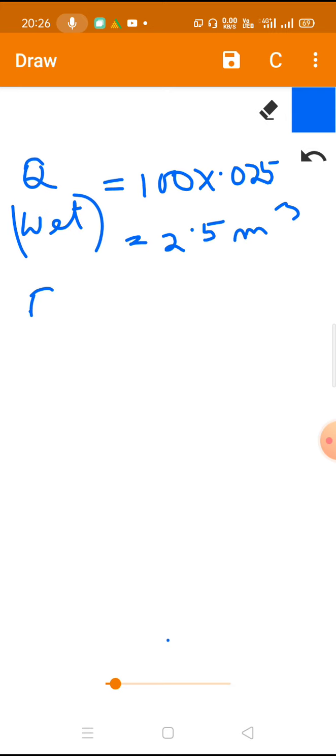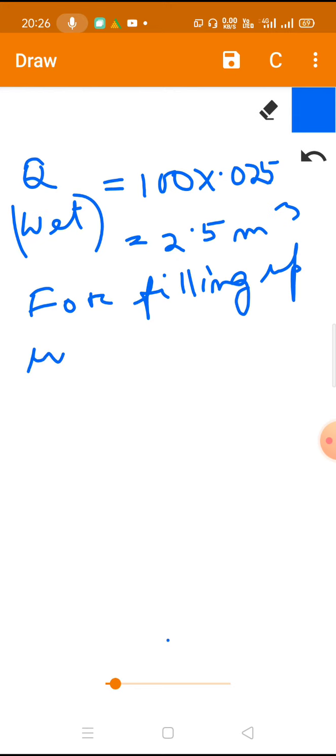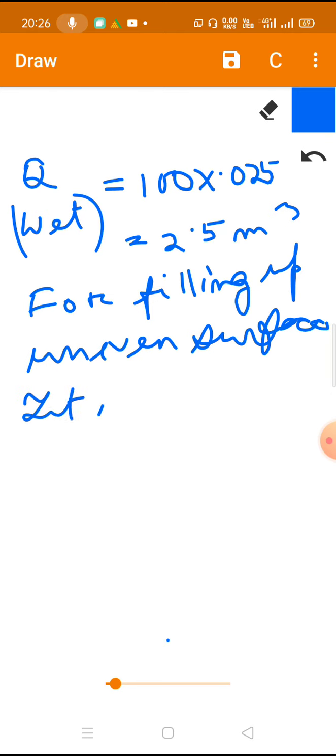Now for filling up uneven surface, let us take 10% extra.